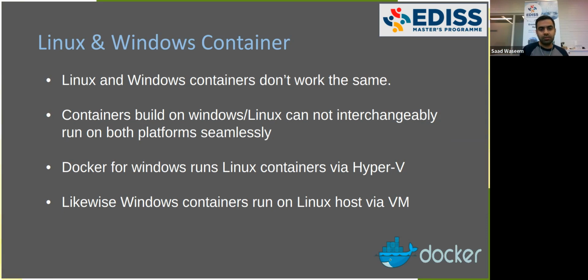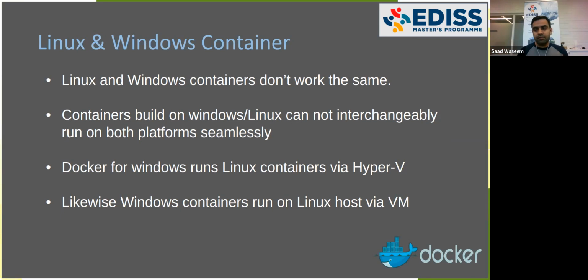So for running Docker for Windows, basically the Windows platform runs containers inside a virtualized environment that is supported by Hyper-V, that is Microsoft's virtualization technology that makes it possible to run Linux-based kernels on the Windows operating system.